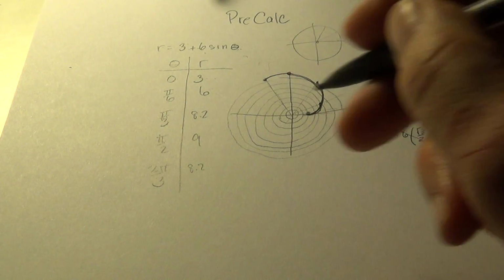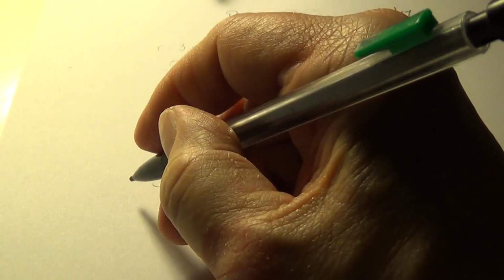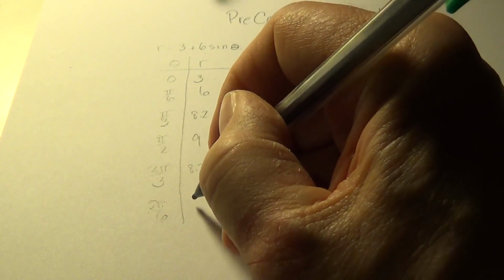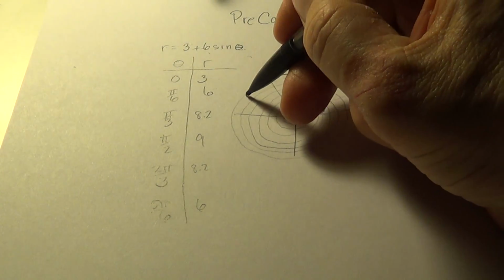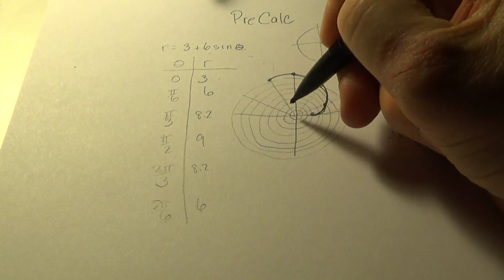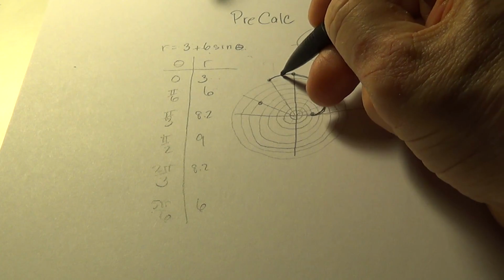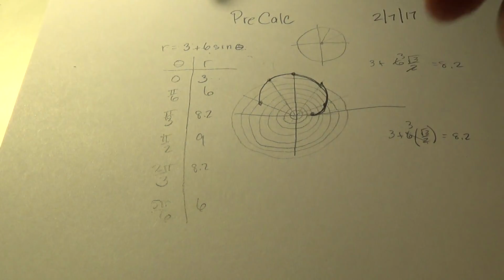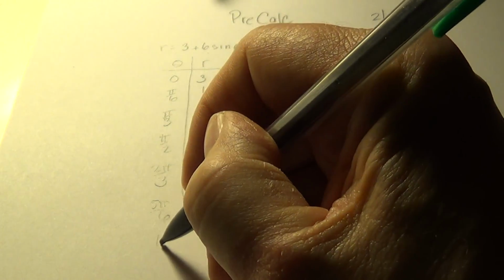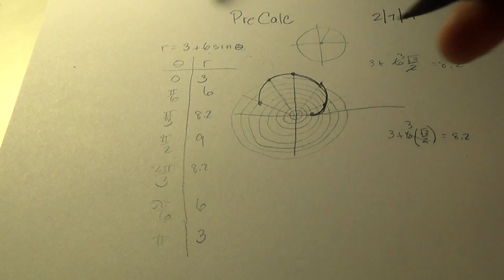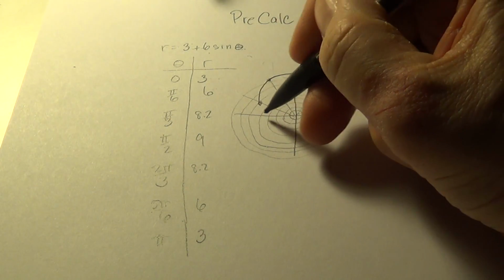Keep drawing. And I'm going to put in the other values rather quickly. You can check them out for me. 5 pi over 6 ends up to be 6. Right there. Pi turns out to be 3. So here's my pi radians.